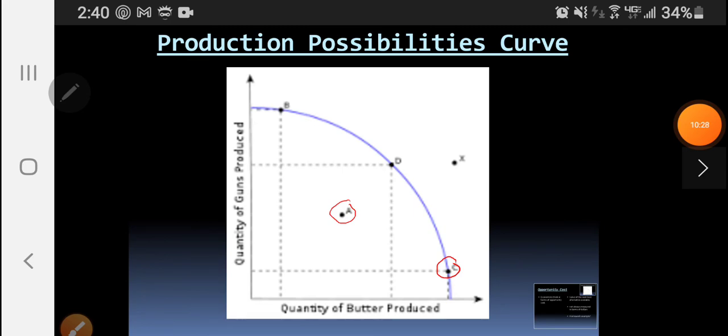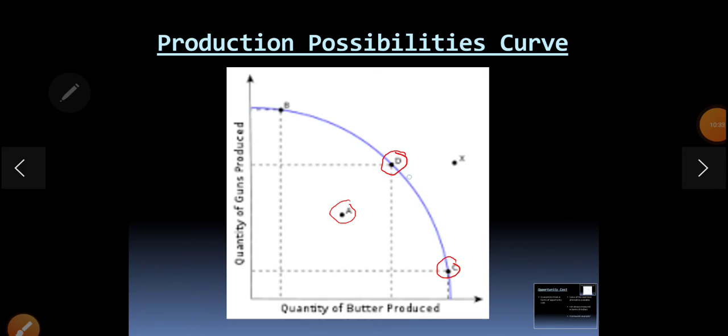Now, a couple other things that we should talk about, all right? We have another point D here, and we looked at B already, and then we have X, right? And then we have this blue line that goes all the way down like this, all right? So this is what I want you to understand.